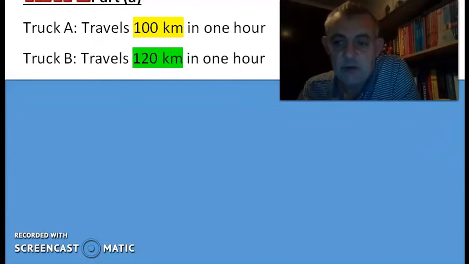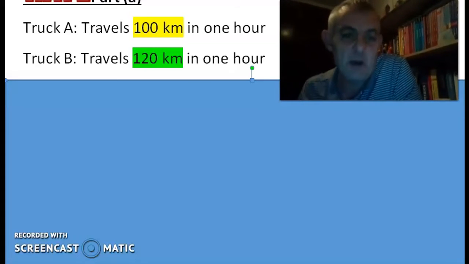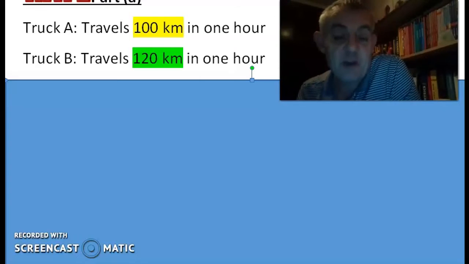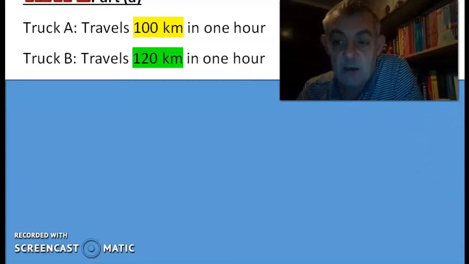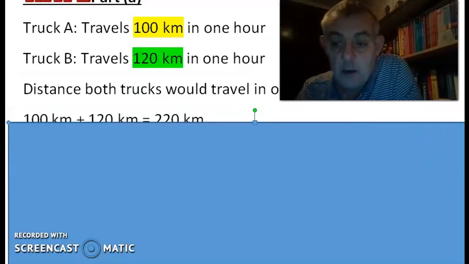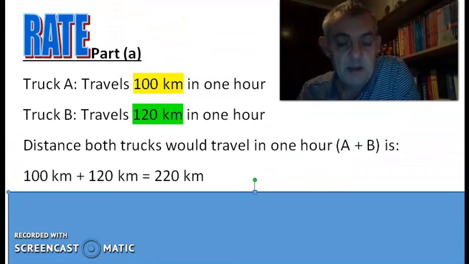So now we can continue to solve the problem. But how? Well, what distance does truck A and truck B travel in 1 hour? What's the total distance that they could both travel in 1 hour? Well, if truck A can travel 100 kilometers in 1 hour and truck B can travel 120 kilometers in 1 hour, then we need to look at the total distance.